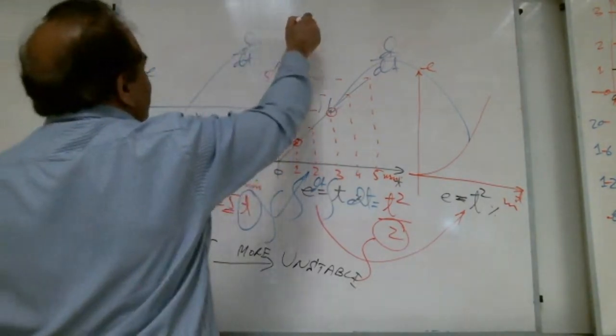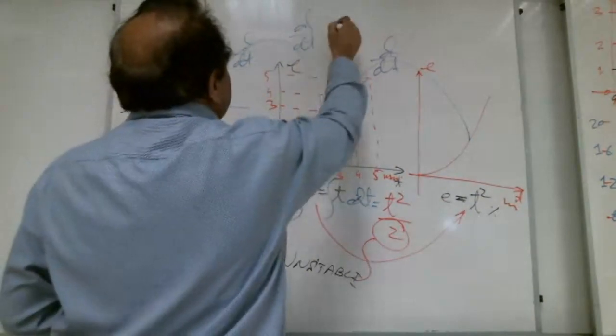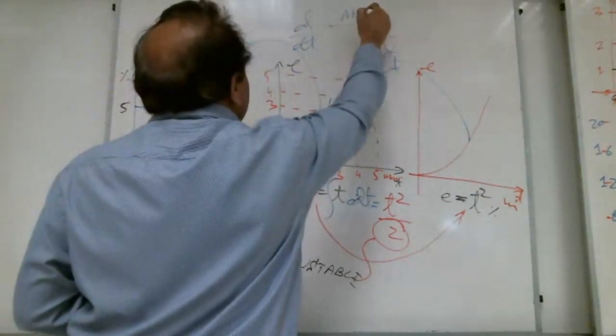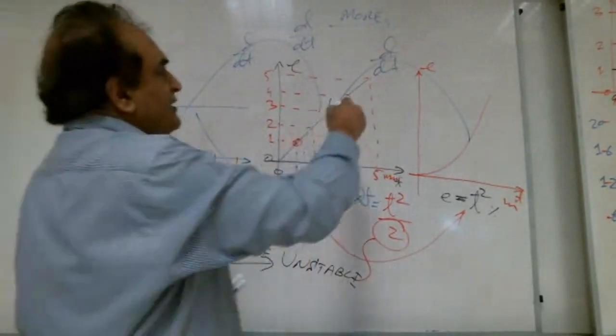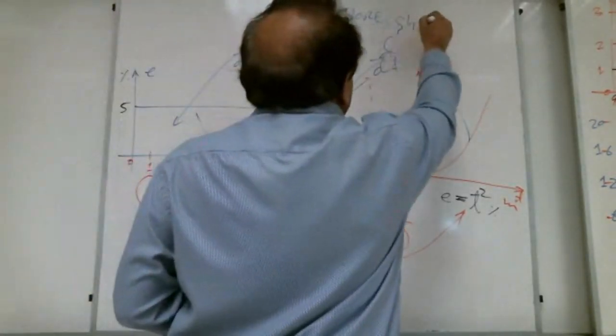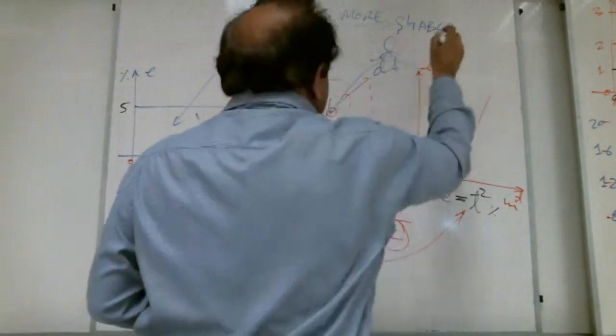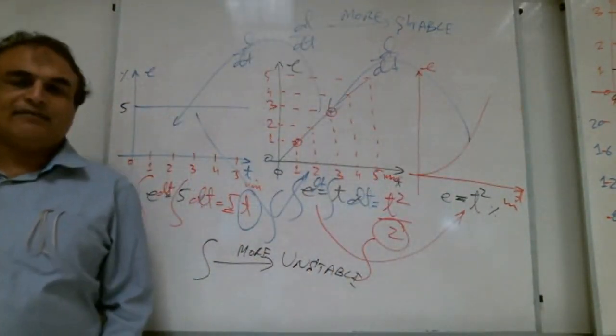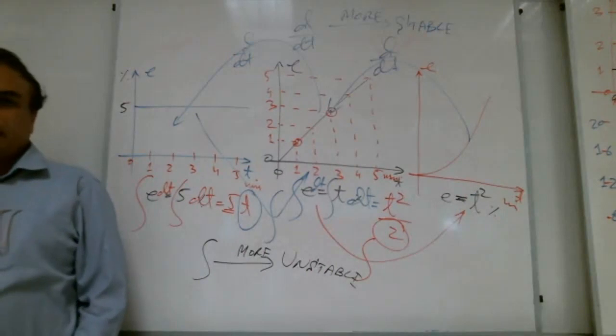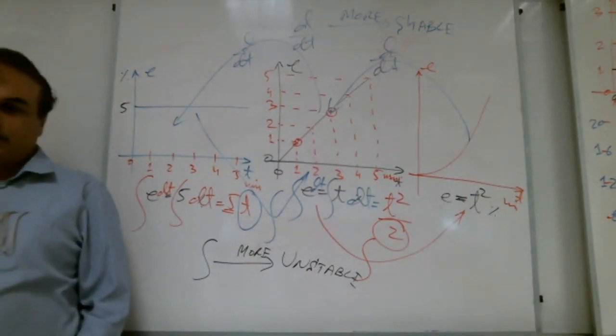Is derivative making it more stable or unstable? Stable. So derivative is making it more stable. Integration is making it more unstable. Shabab, with me?